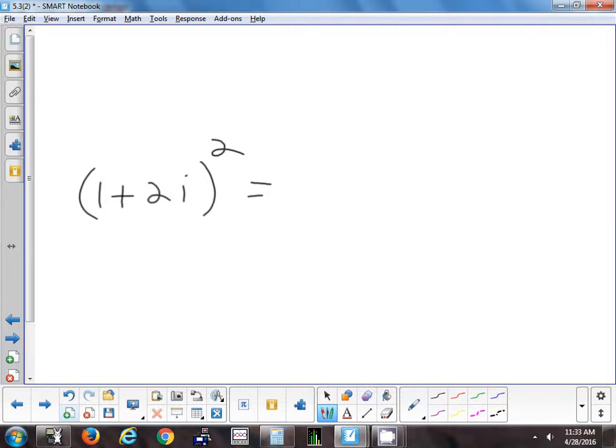What does it mean to do 1 plus 2i squared? How would I, like, let's say you had to explain it to somebody who doesn't understand exponents. Would you have to distribute the 2 to the entire equation? Yeah, when you have a 2 in front, that's when you would distribute. This is a little different.